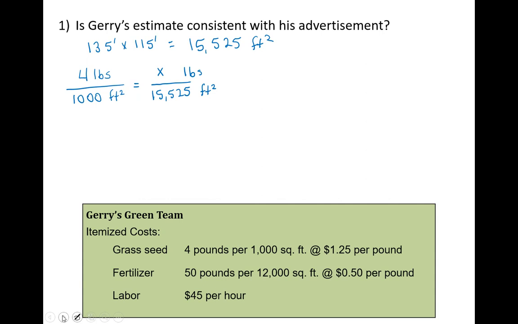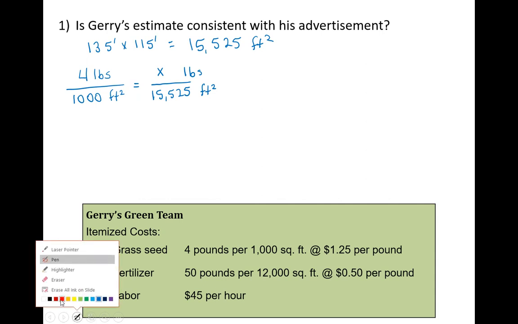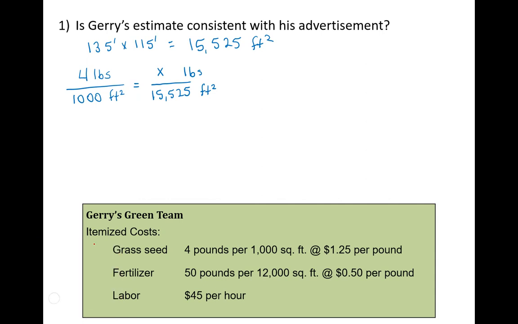Now, to solve a proportion, we haven't talked about this, but I think it's something you probably learned in high school. We usually cross multiply. This times this is going to be 1,000x.